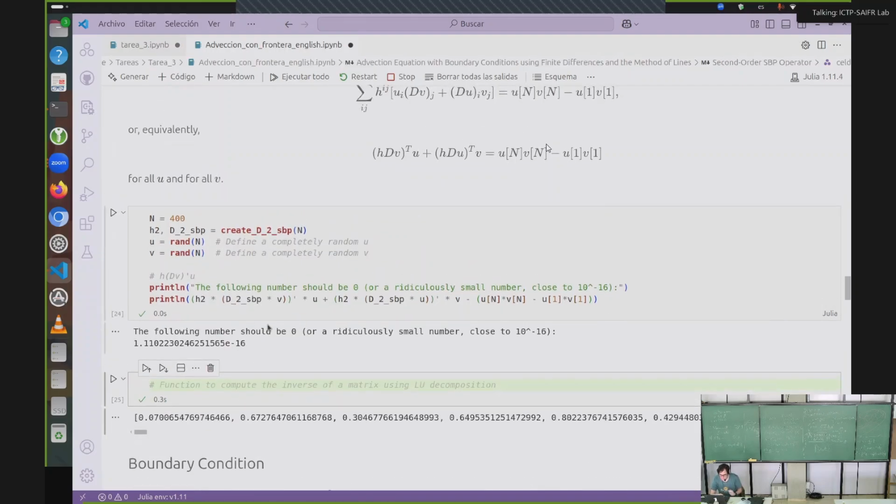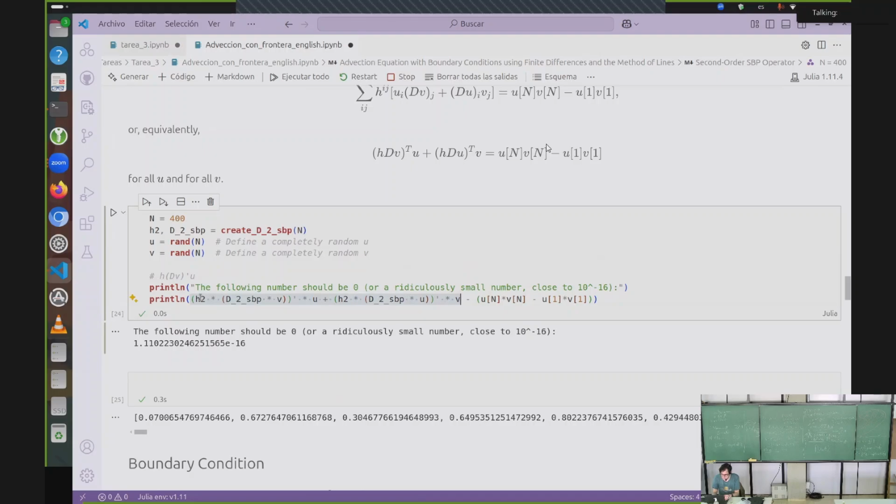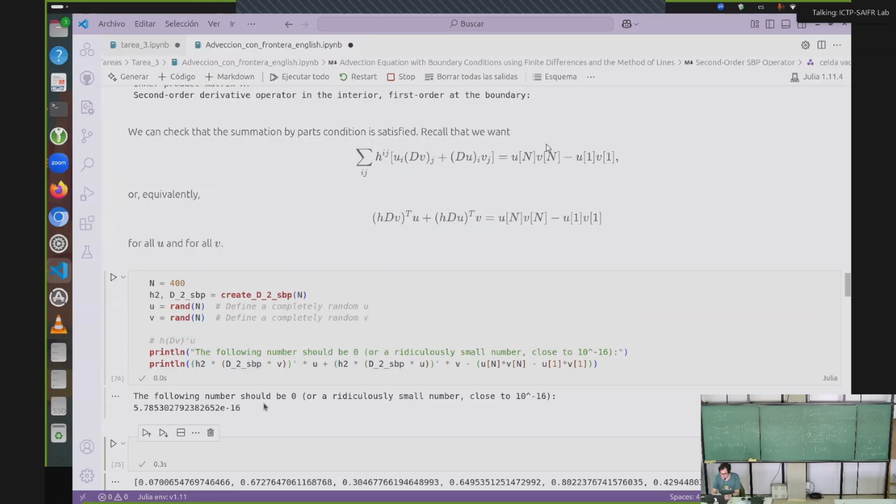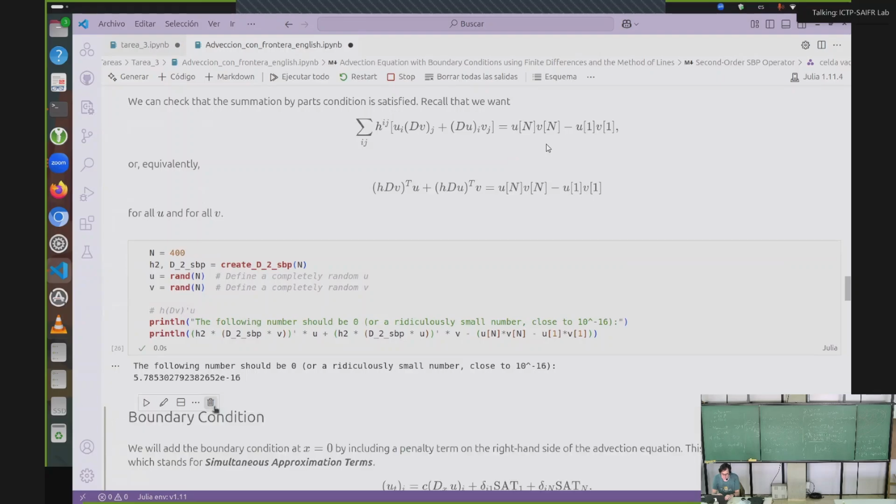And what we want to say is that when we calculate this matrix operation here, we get exactly the values of the boundary. And we expect the difference to be 0 or very close to 0 because we will always have some numerical errors. In this case, it is very close to 10 to the minus 16, which is essentially the precision that we have with the computer. So if we get a value close to 10 to the minus 16, it's telling us that this is essentially just machine error.